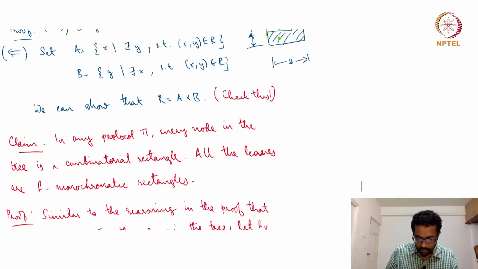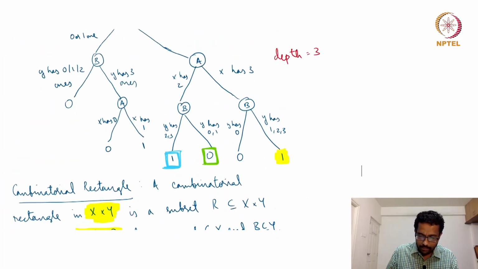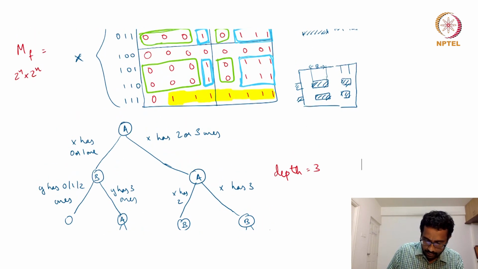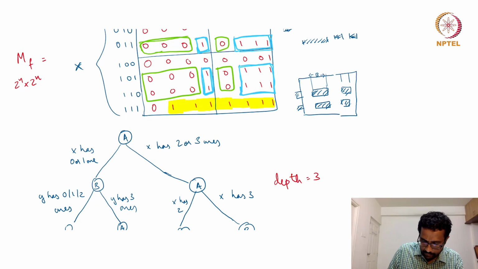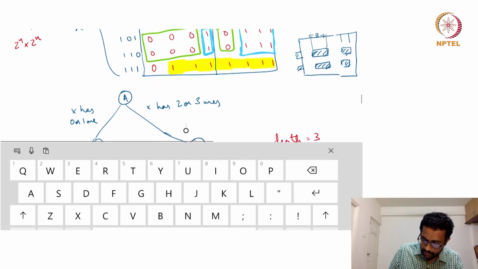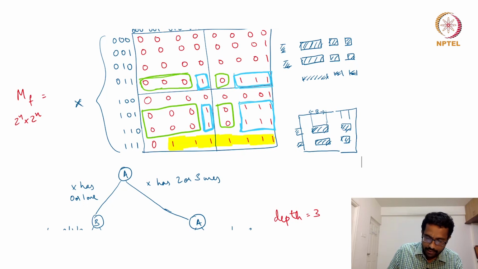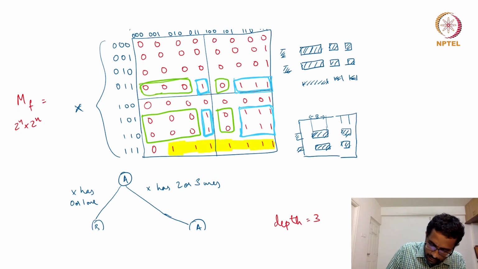One point that I want to say here is that consider any protocol tree like this. Every node, every vertex in this tree corresponds to a combinatorial rectangle. In the beginning, the root corresponds to the entire matrix, and then we divide it based on whether x has 0 or 1 ones, or 2 or 3 ones.